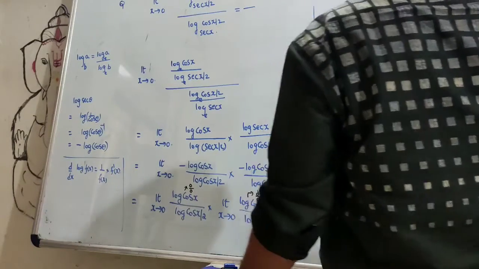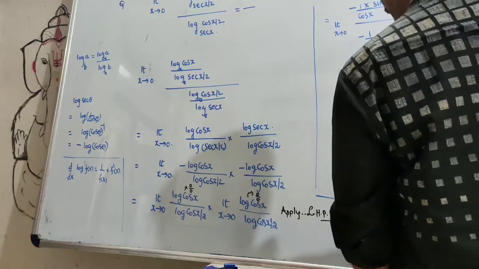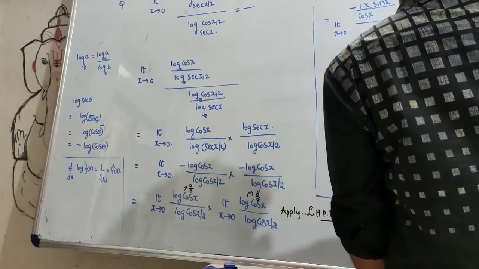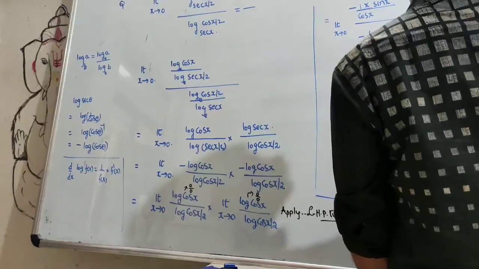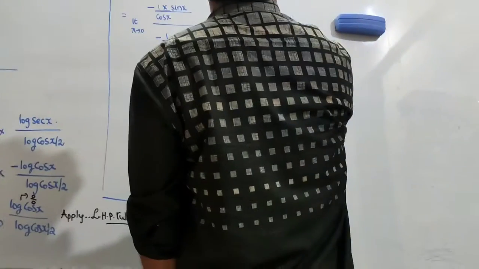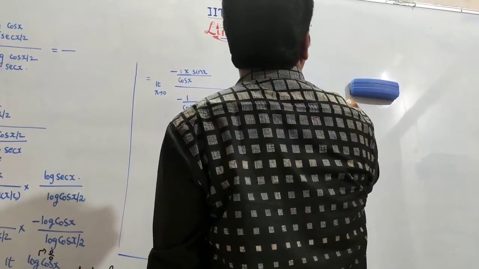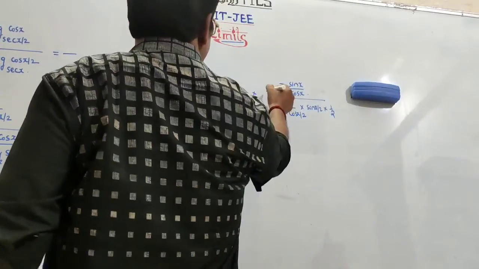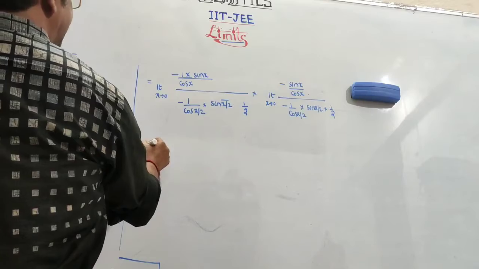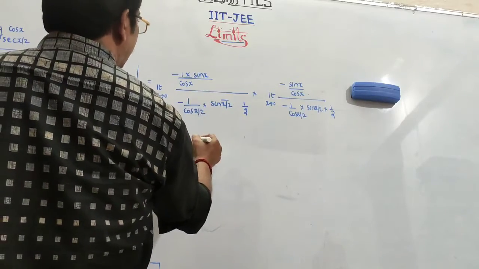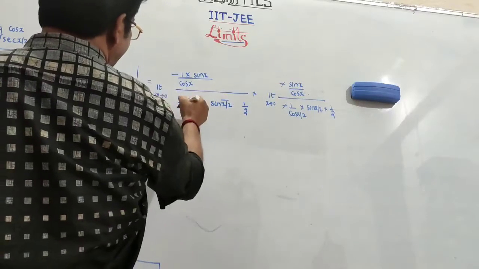minus sin x by cos x whole divided by, same, whole divided by minus 1 by cos x by 2 into sin x by 2 into 1 by 2, as x tends to 0. So that is equal to, this is minus, so the minus cancels, here also the minus cancels.